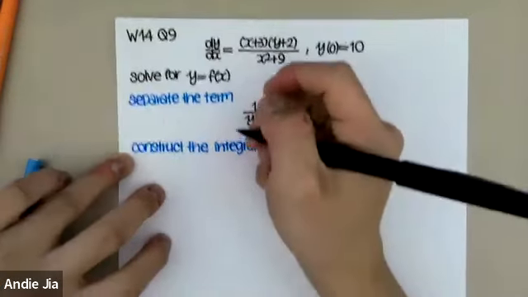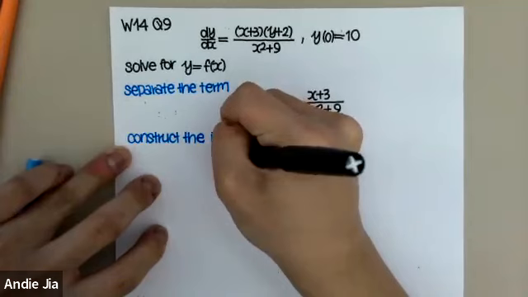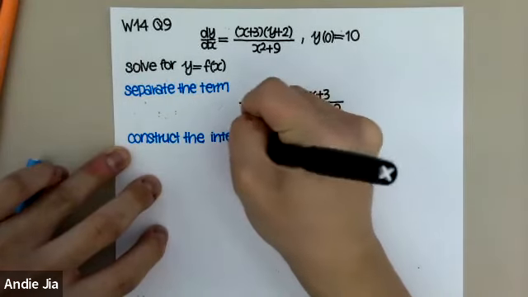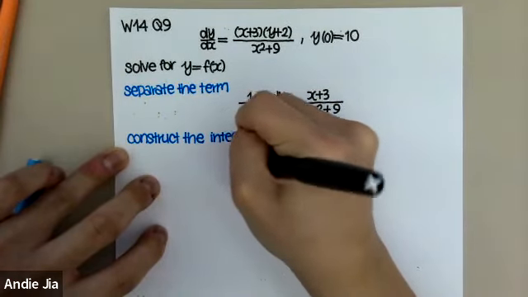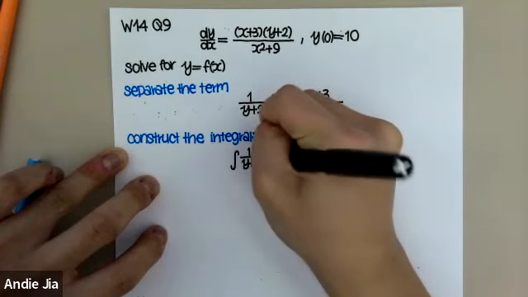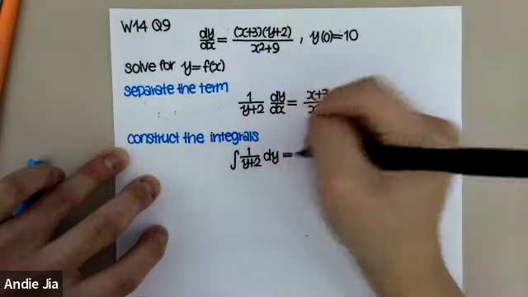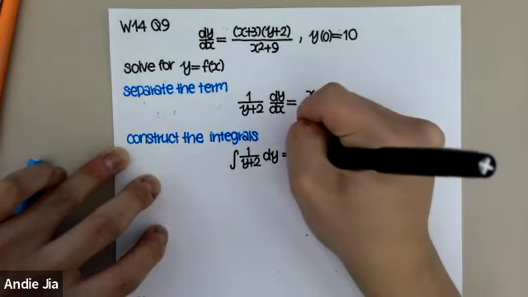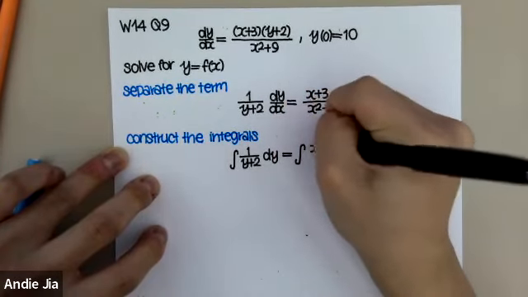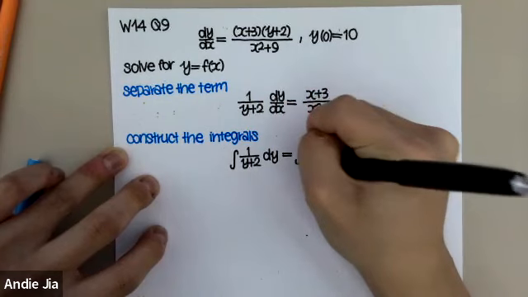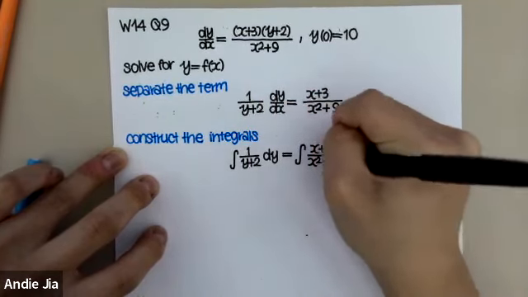We have this integral here, equal to (x plus 3) over (x squared plus 9) dx.